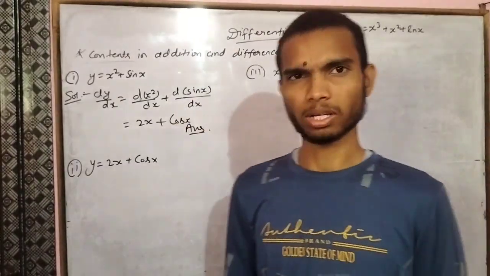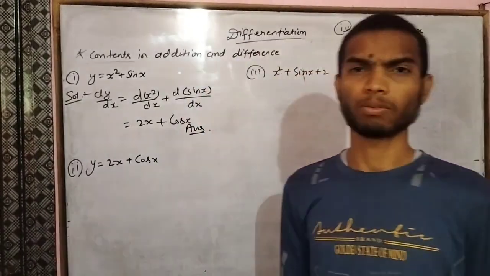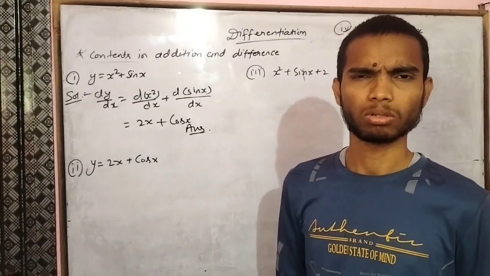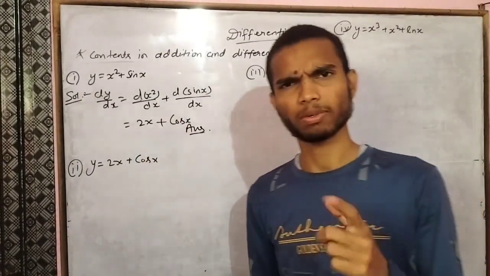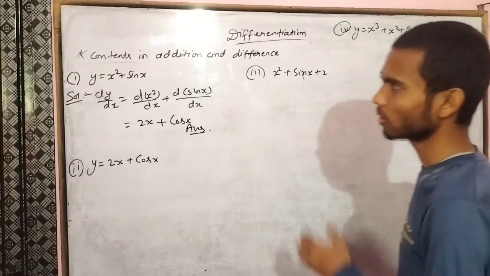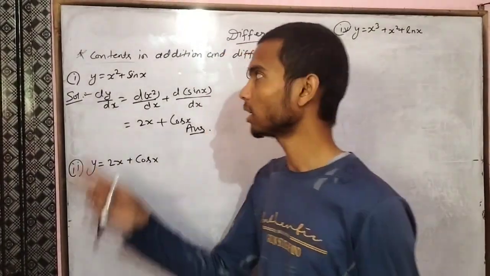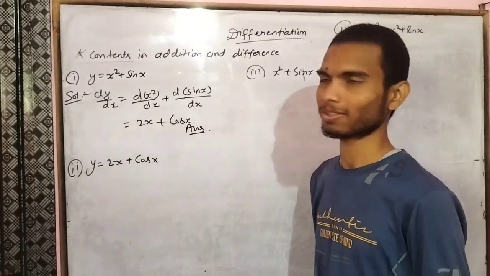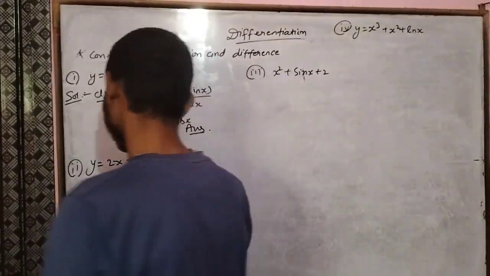Here we did notice what we have. We have two differentiations: the differentiation of x square and the differentiation of sin x. So here two differentiations because we had two terms.